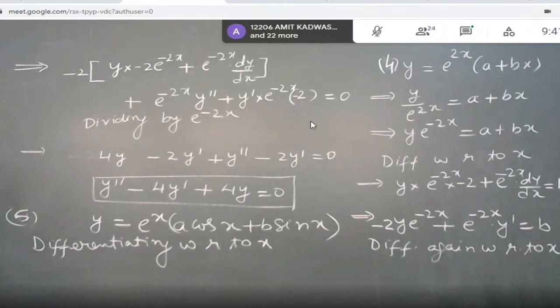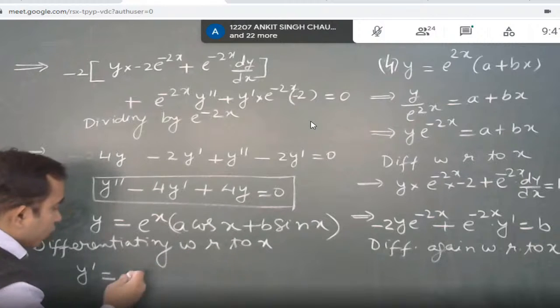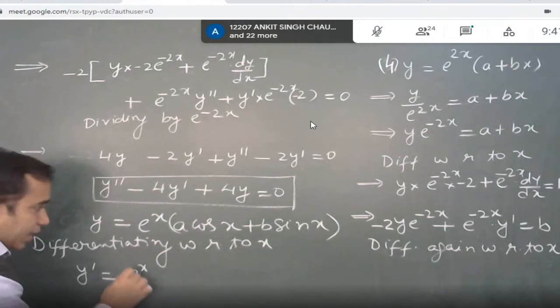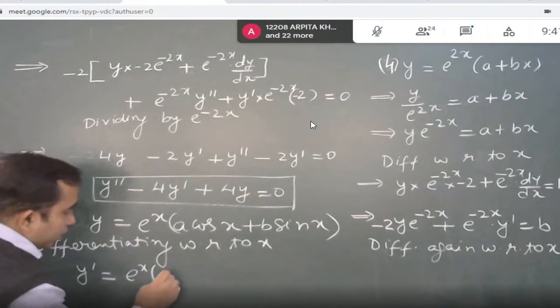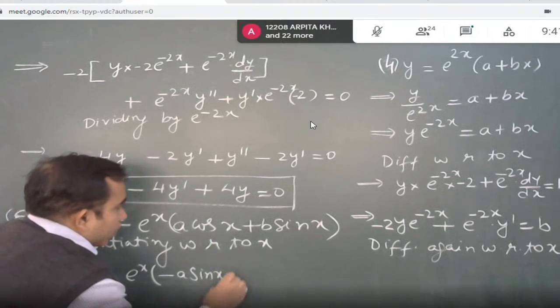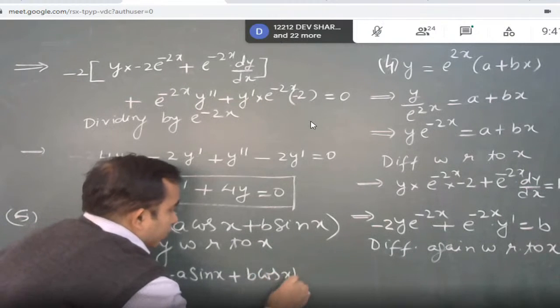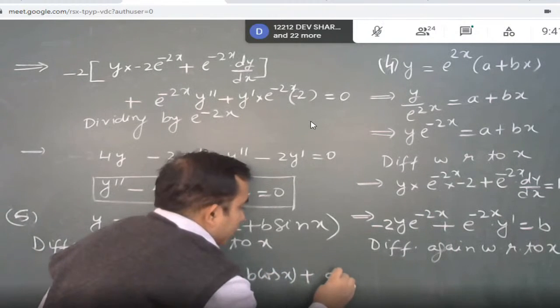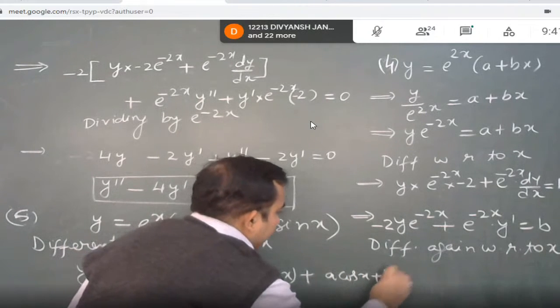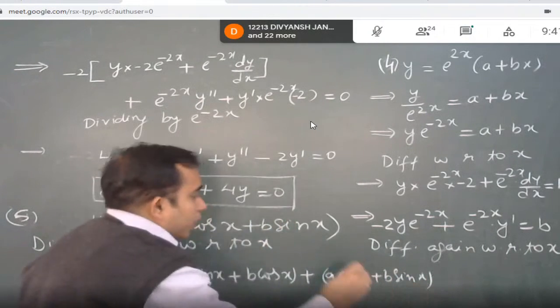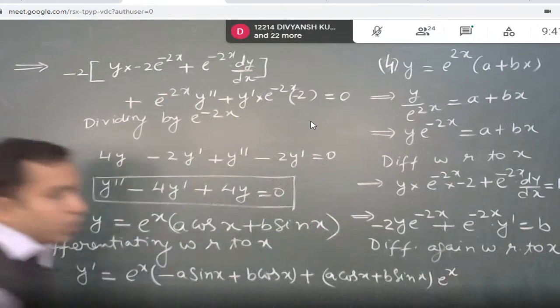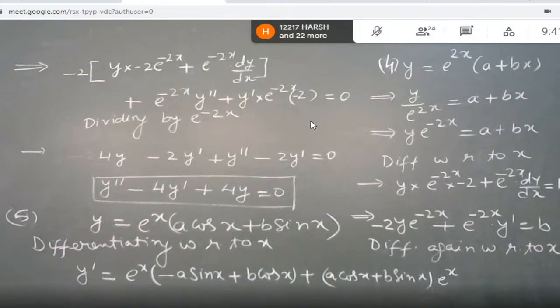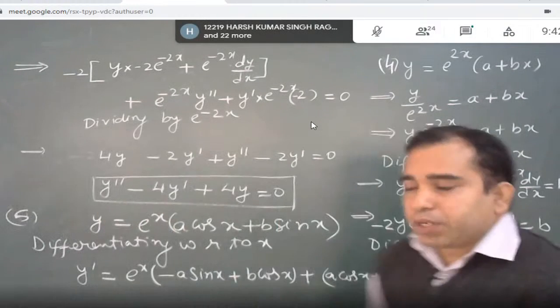So if I differentiate with respect to x, I'll get y dash is equal to, here I will need product rule of differentiation, which says e to power x as it is into derivative of the bracket, which will be minus a sin x plus b cos x, plus bracket as it is a cos x plus b sin x multiplied with e raised to power x derivative, which will be e raised to power x only. This I differentiated.